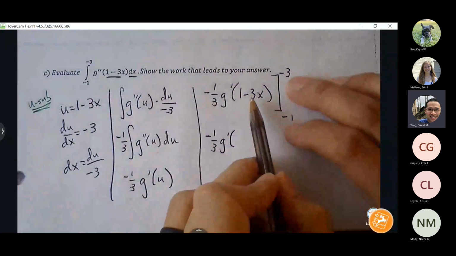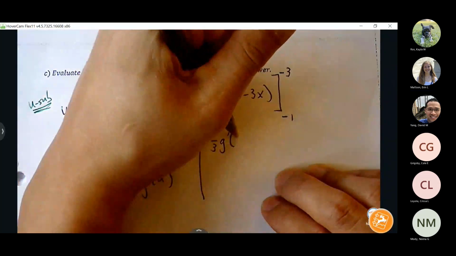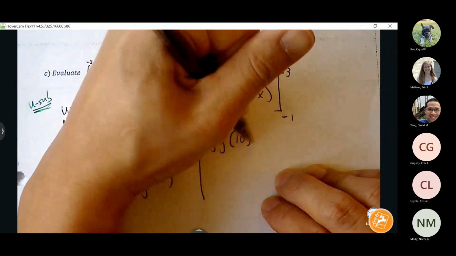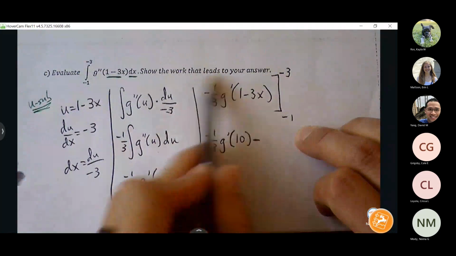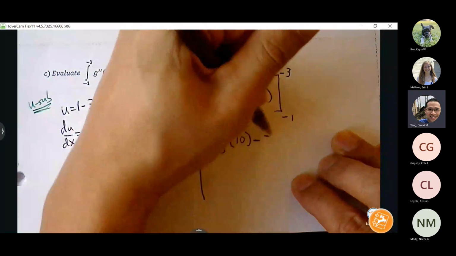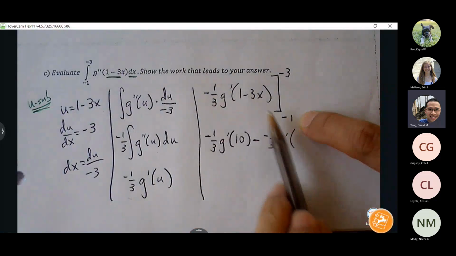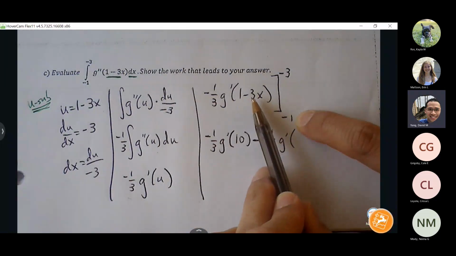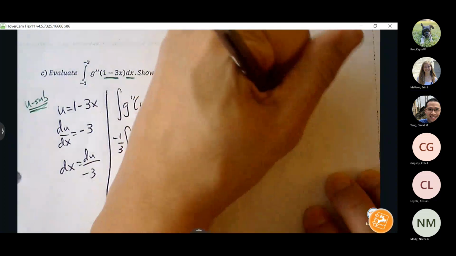Okay, so 1 minus 3 times -3, that's 1 plus 9, which is 10. Minus, and then there's another negative that shows up. -1 in for x, 1 minus 3 times -1, that's 1 plus 3, which is 4.